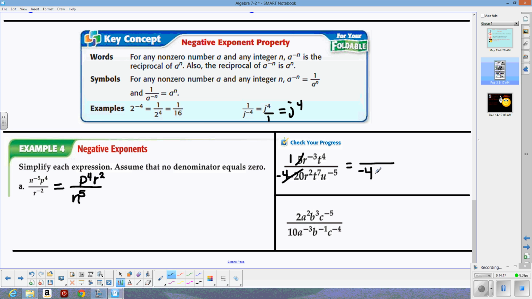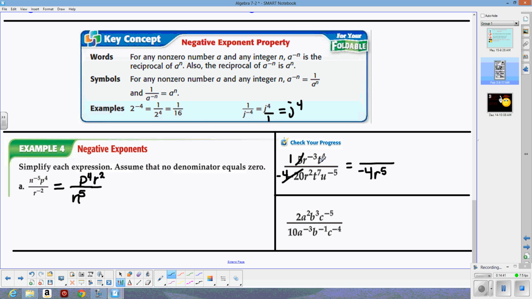So if I move 3 down to join those 2, it's going to be r to the fifth. Another way you could do that is with the rule. Negative 3, take away 2 is negative 5, and then since it's negative, we're going to write it down here and make it positive.